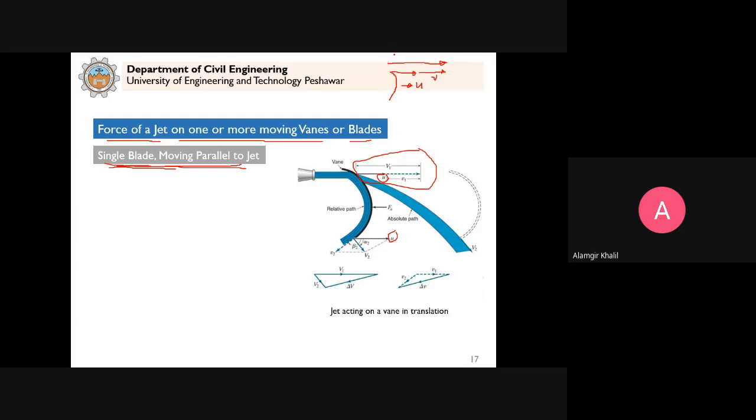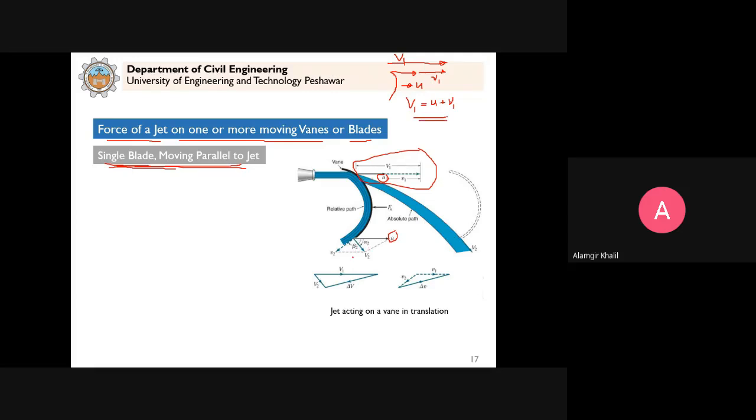This is your v1, and this will be your relative velocity v1 at the inlet, and this is u. U is just in the horizontal direction only, translation. So in this case we can write v1 is equal to u plus small v1. This is at the inlet.